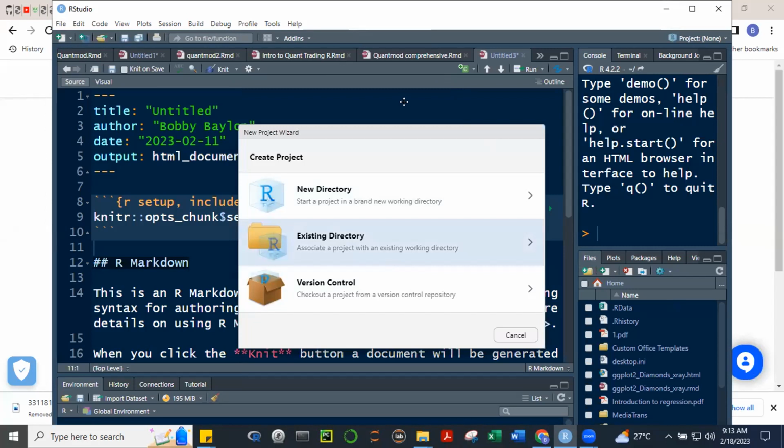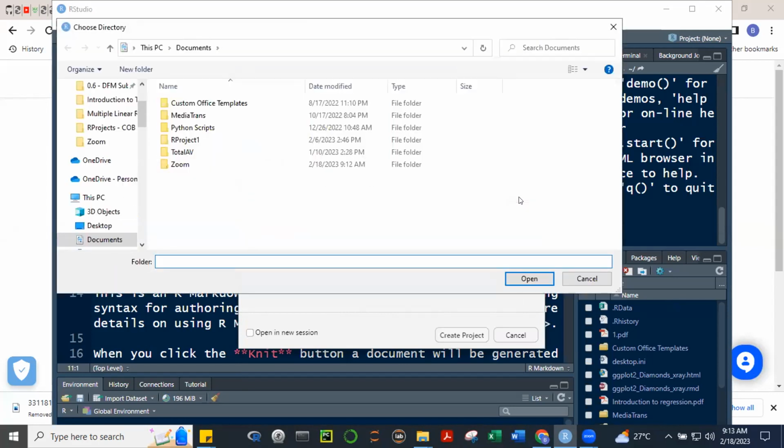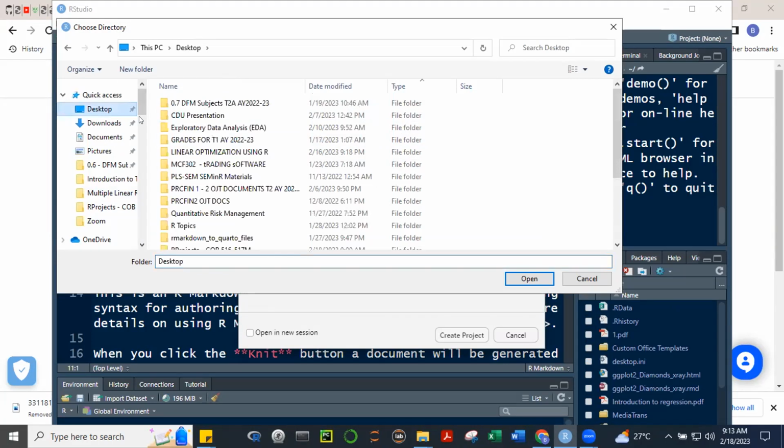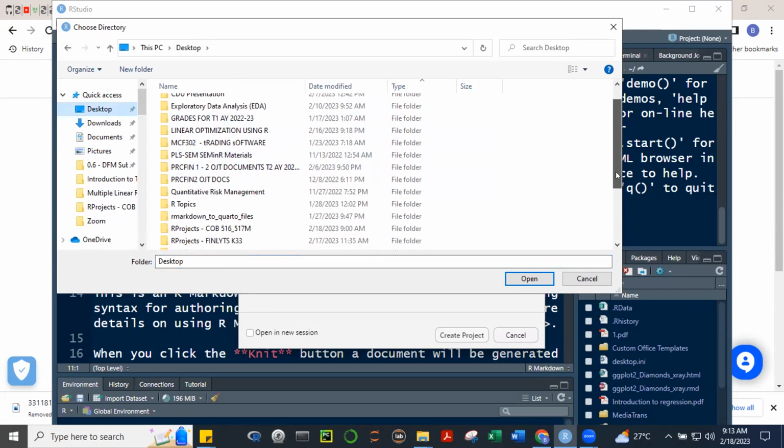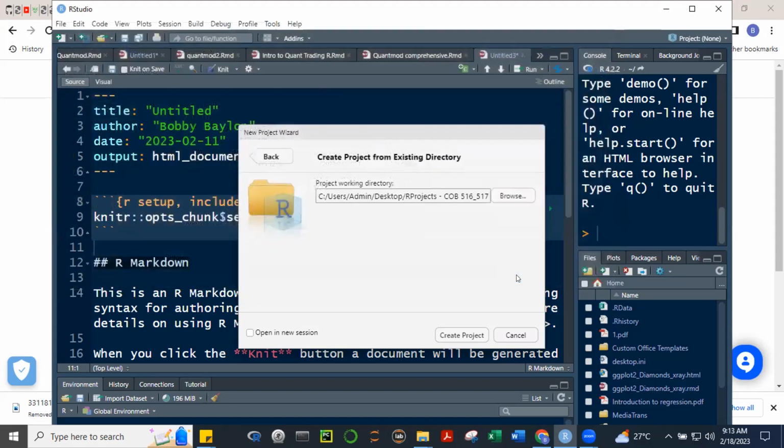Let's open it in an existing directory, the directory that we created, remember? I created it on my desktop. I think I named it COB516, or I don't know in your case, but let me open this. This is the existing directory.